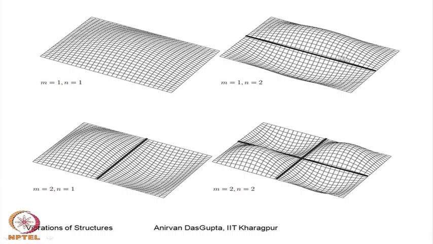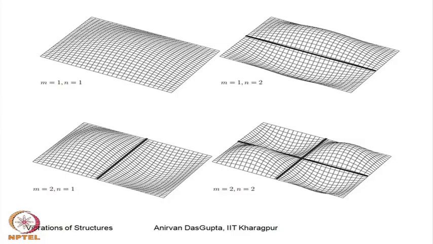So we have one nodal line parallel to the x axis. This is for 2, 1: one nodal line parallel to the y axis. And this is m equals 2 and n equals 2, the w(2,2) mode. So you have 2 nodal lines like this.